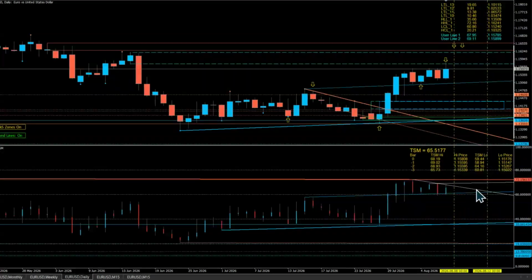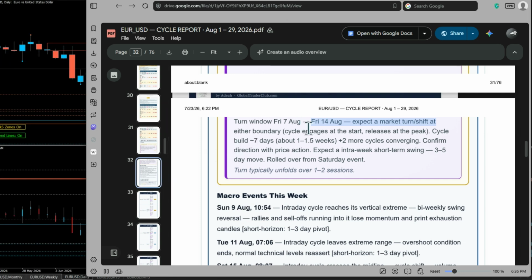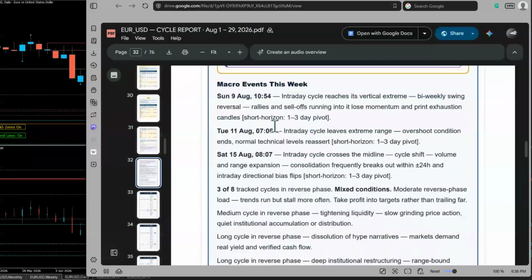And if you're not using my indicators, don't worry about it. Just mark your own levels and do your own technical analysis setups with this in mind, that Monday is a peak and Tuesday intraday cycle leaves extreme range, overshoot condition ends. Normal technical levels reassert.